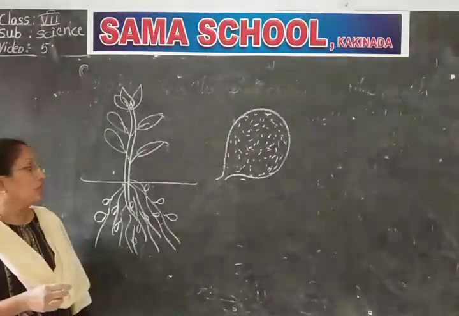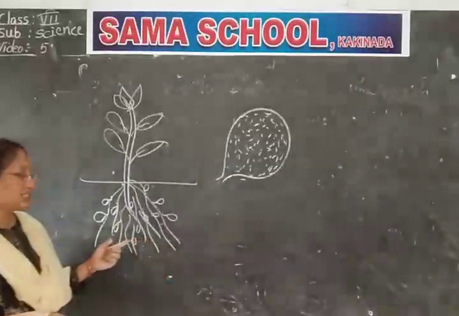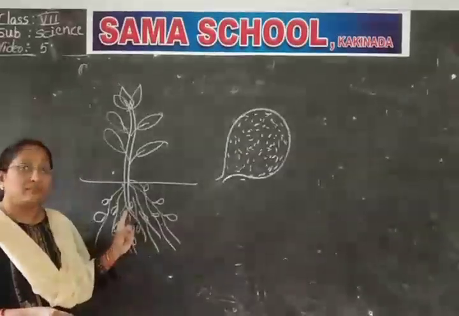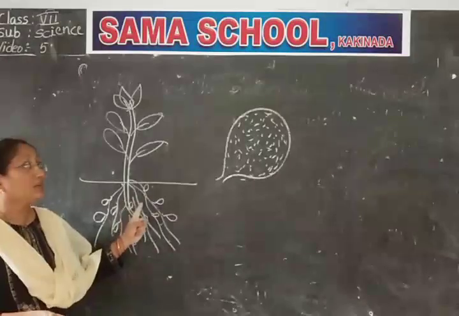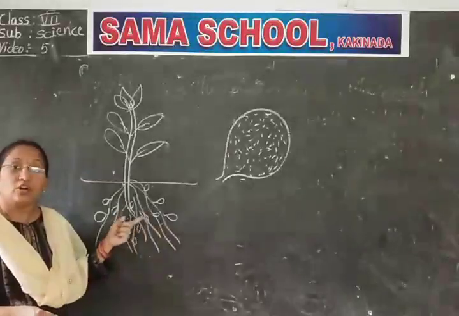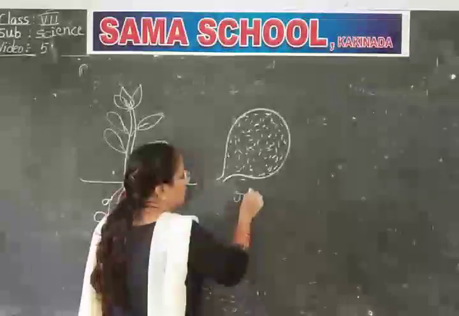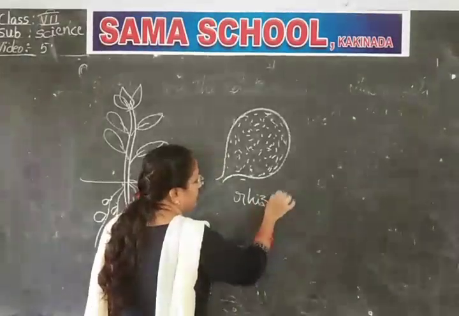Okay? Now, if you cut and open this, if you observe the roots of the family, they give shelter. The roots are giving shelter to this Rhizobium bacteria. What is the bacteria name?